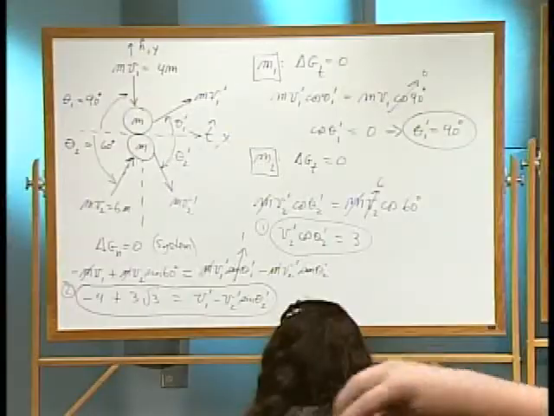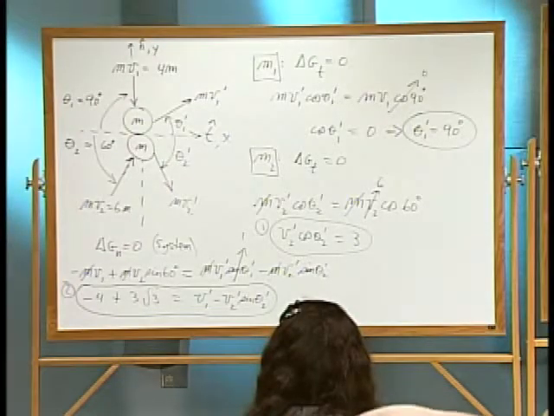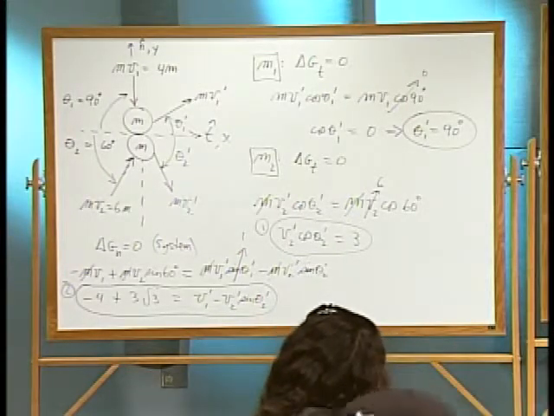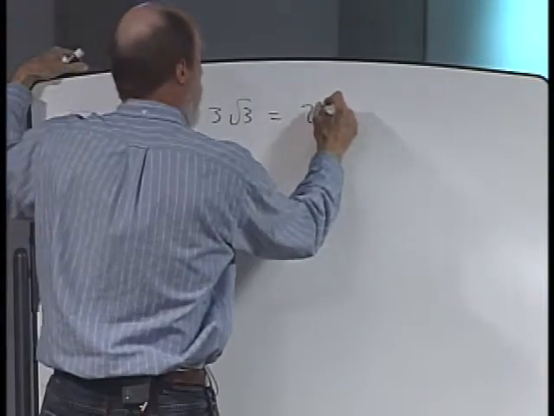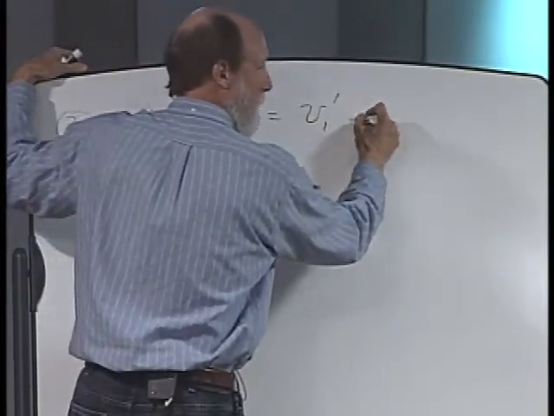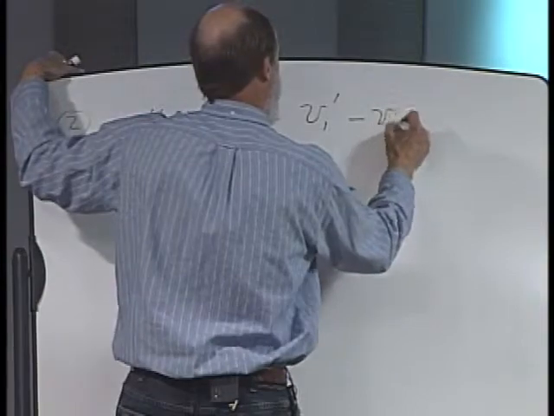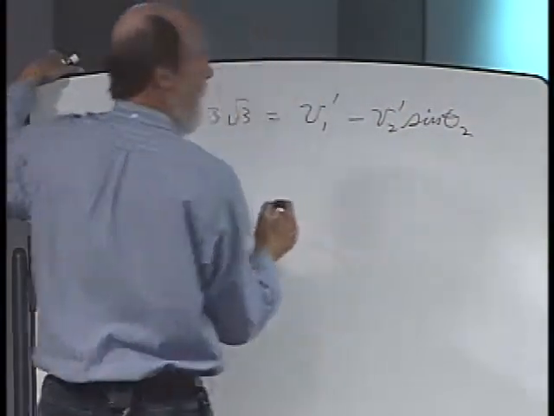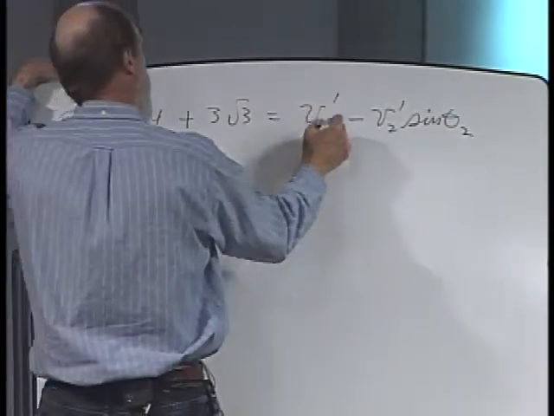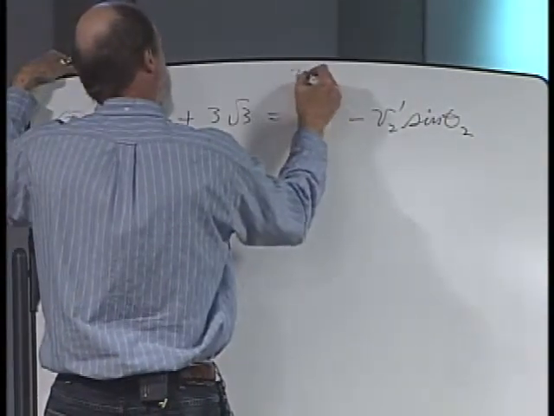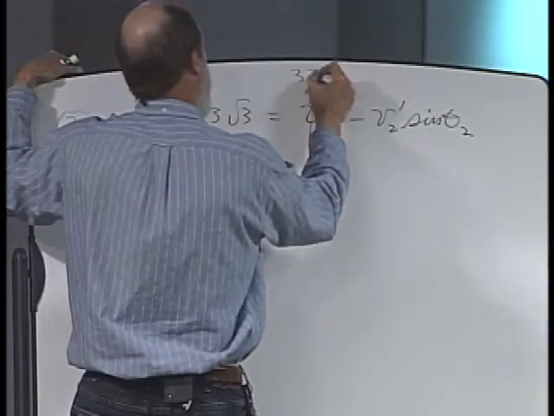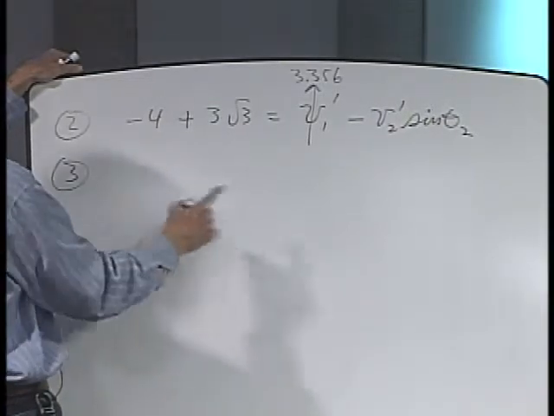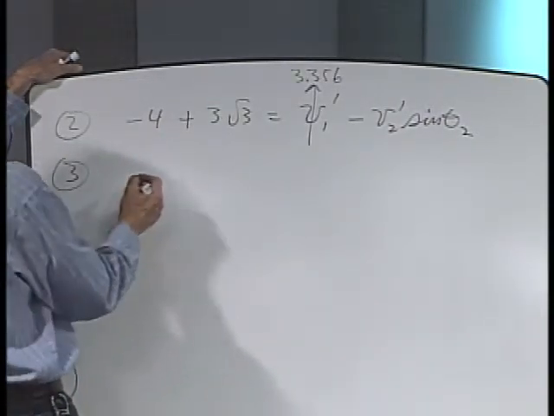If I take equation 2 and write it first, negative 4 plus 3 radical 3 equals v1 prime minus v2 prime sine theta 2. And actually we know v1 prime now. This value becomes 3.356.